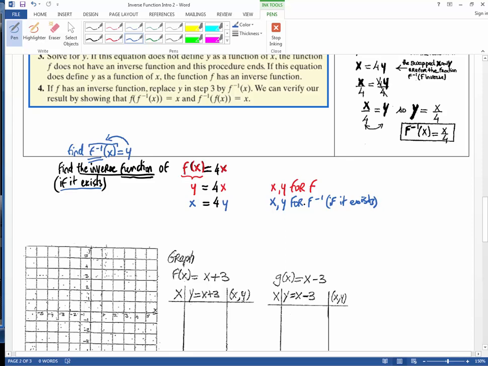Now, in order to find f inverse of x, we need to solve for blue y. Notice blue y is here, so let me just go ahead and divide both sides by 4. So let me write that same equation I had. If I really want blue y, I need to divide both sides by 4.